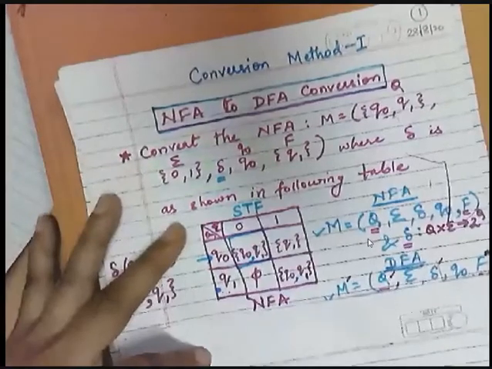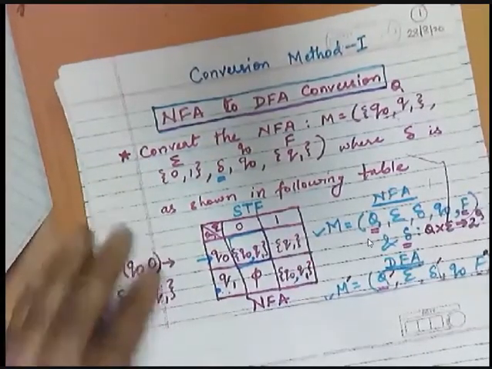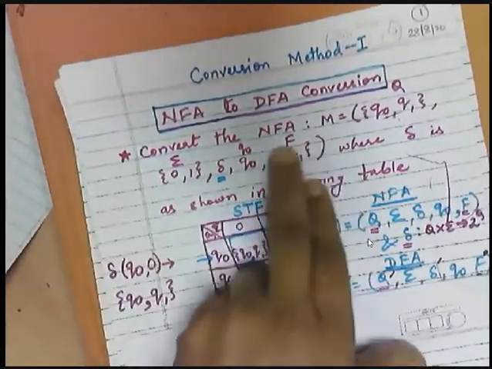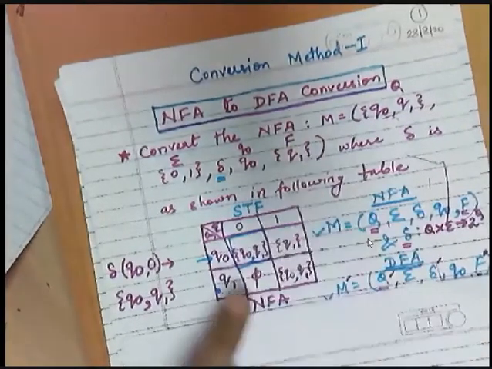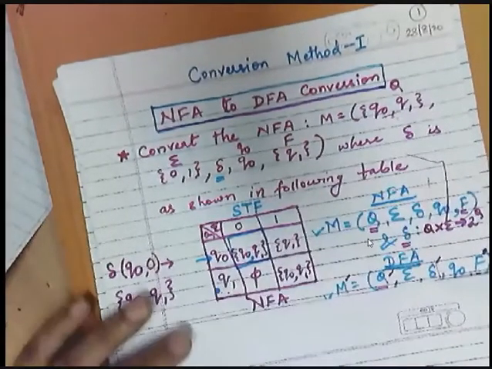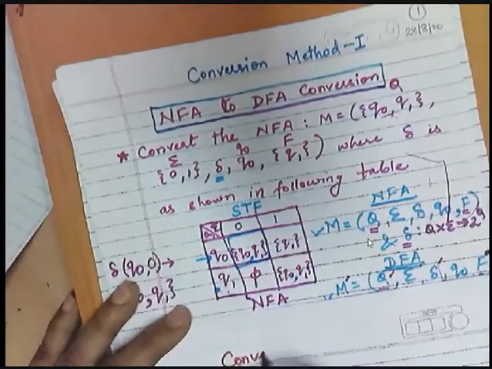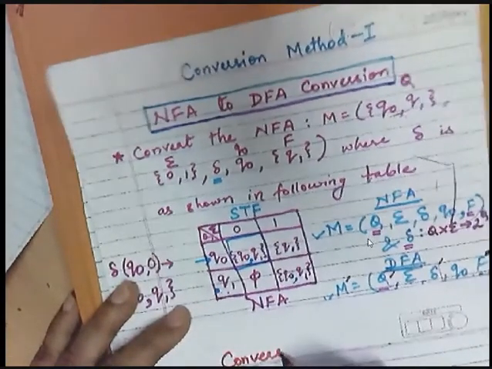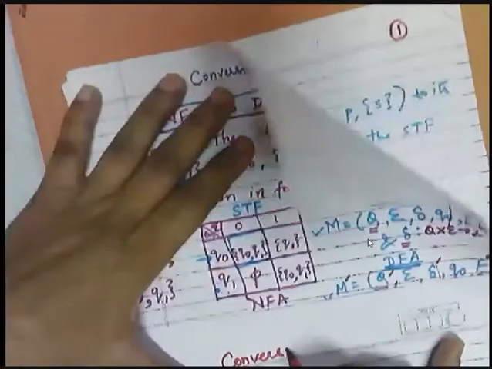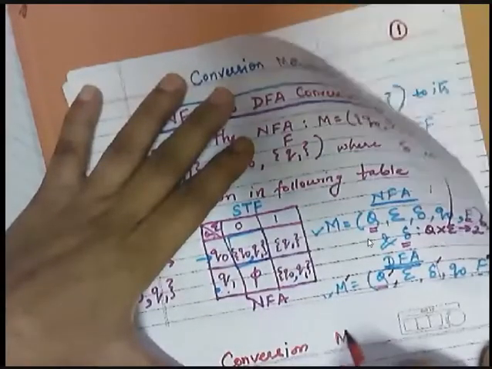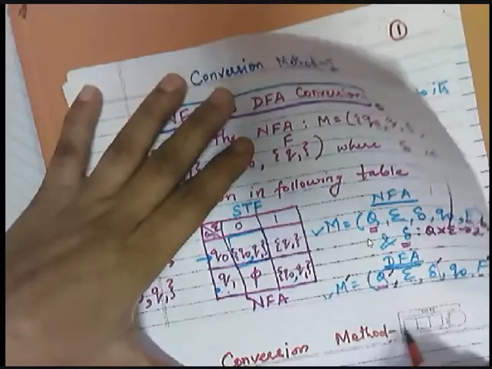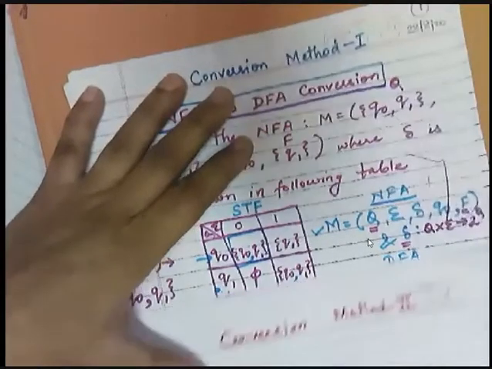Our simple problem: we want to convert the given NFA, which is represented like this with this table, into a DFA. Today we are going to discuss the conversion method, Method 2, which is easier.